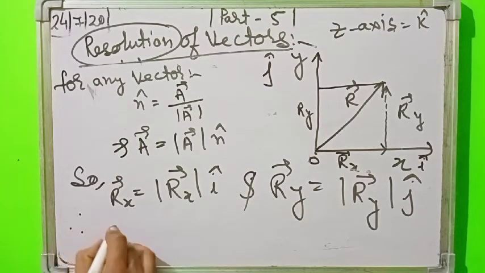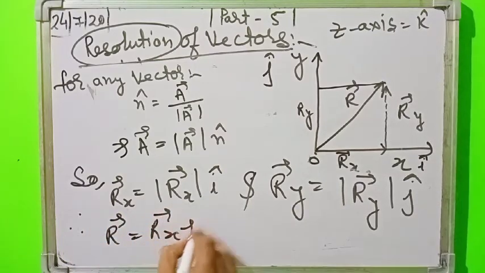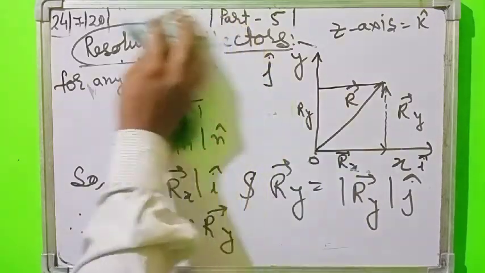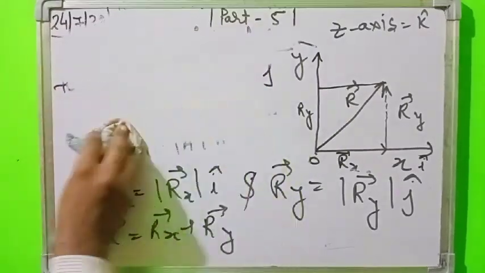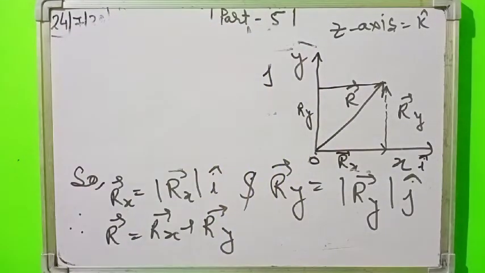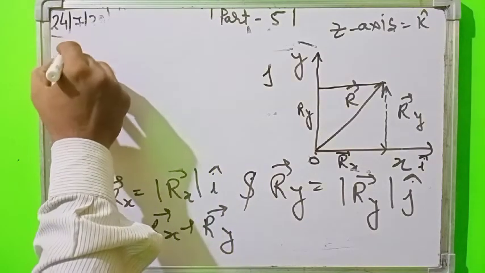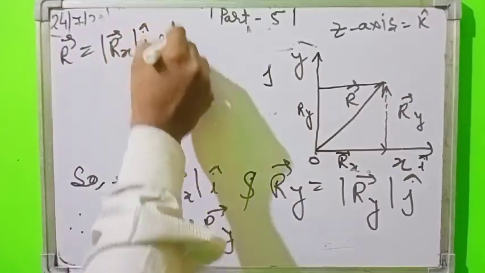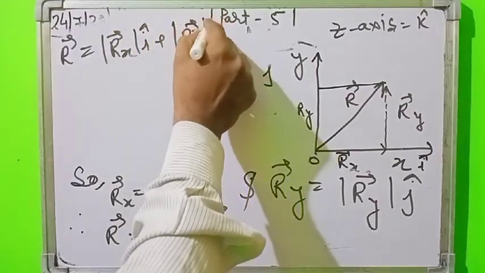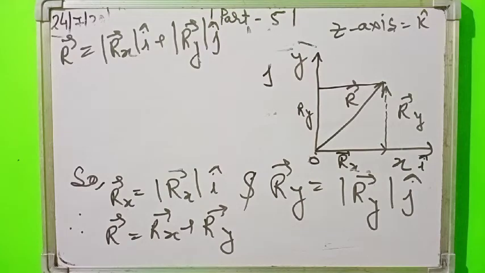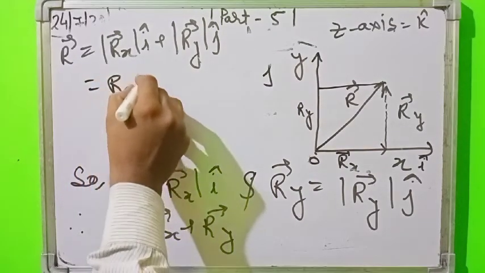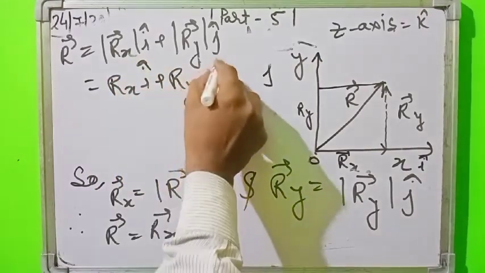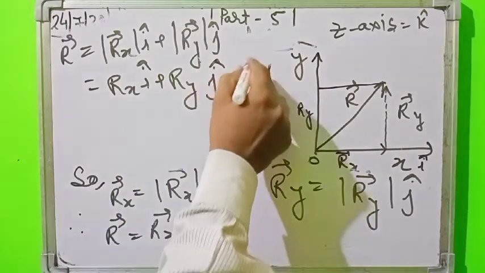Now since vector r is equal to vector rx plus ry, it can be written as vector r is equal to magnitude of rx into i cap plus magnitude of ry into j cap, or you can write it as rx i cap plus ry j cap. Suppose this is equation number 1.